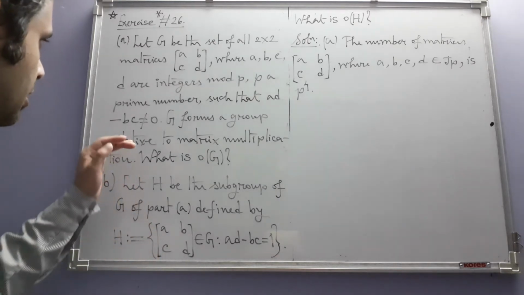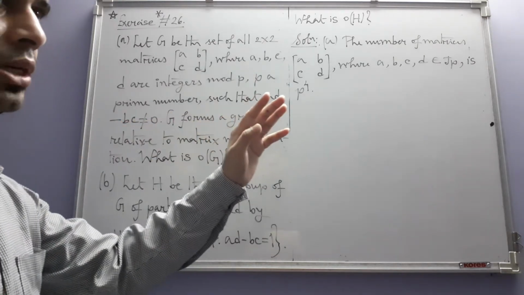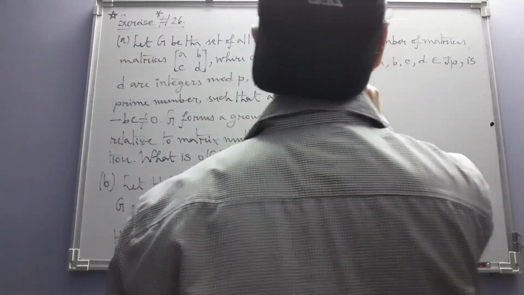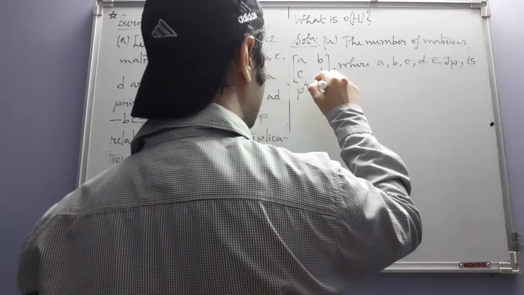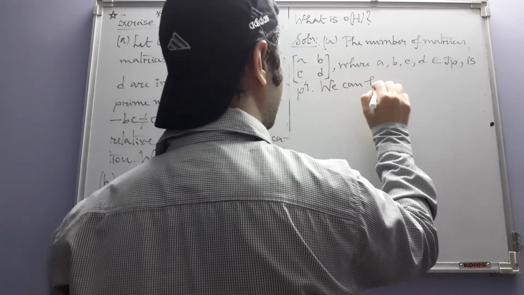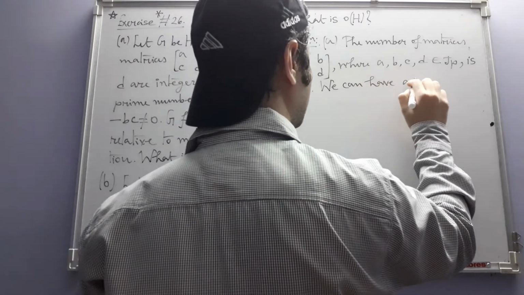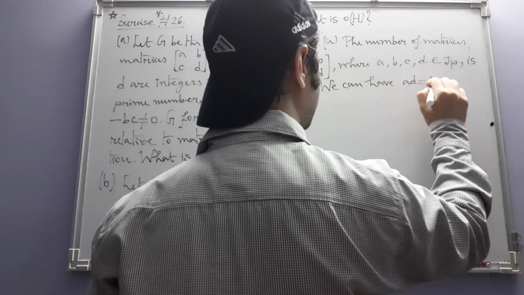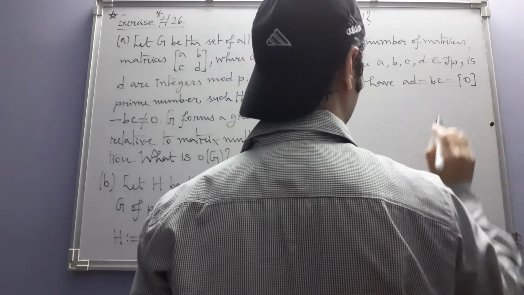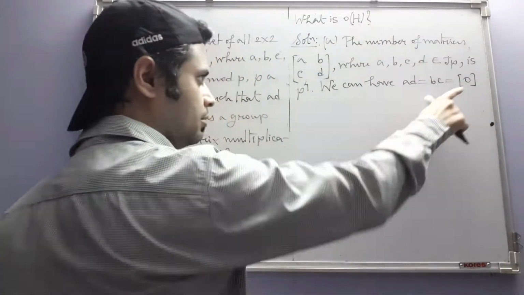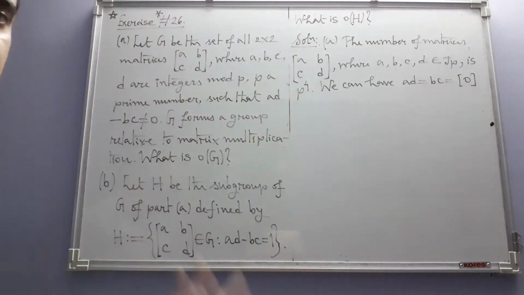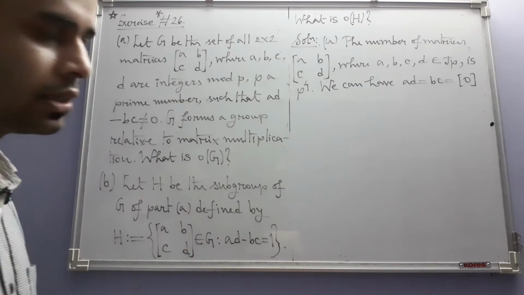We have to now figure out in how many ways we can have AD equal to BC. Okay. We can have AD equal to BC equal to 0, where now again I am saying this 0 is something different from what we had previously.